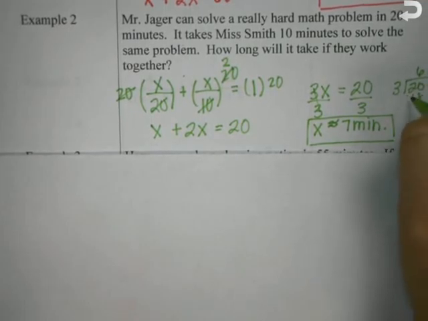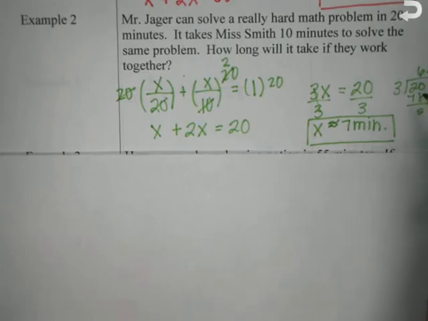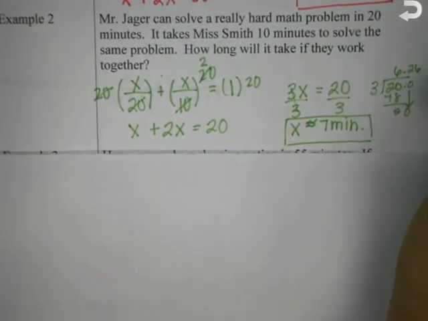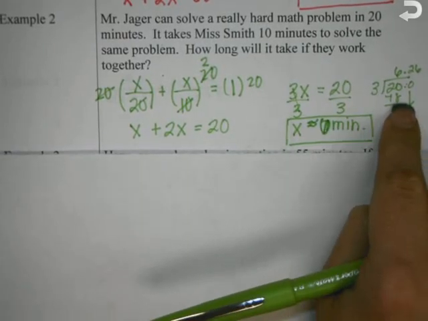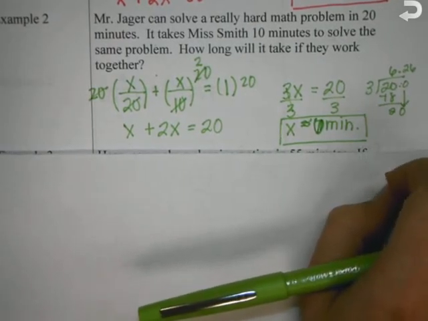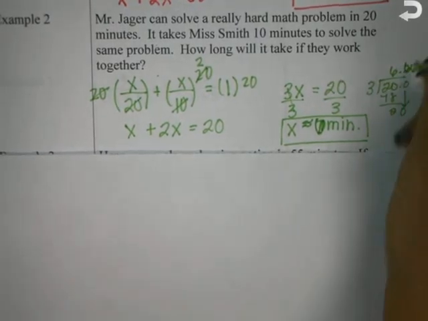So it will be 6.2626262626. So it's actually about 6 minutes. This is closer to 6 than 7. Oh, duh, 7. What was I thinking? You guys are right.